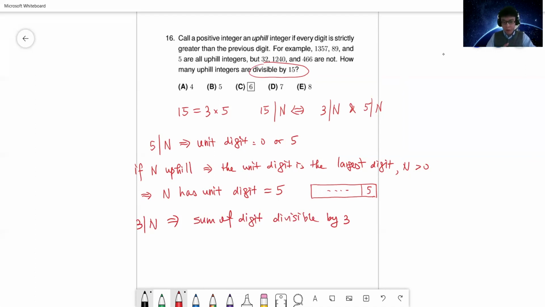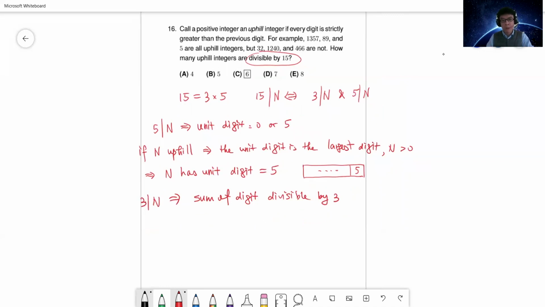And once the numbers are selected, the uphill number is uniquely determined. So we have digits 1, 2, 3, 4 to be selected. 5 has to be selected. We note that 5 has remainder 2 when divided by 3. So we need to find some more digits so the sum is divisible by 3. So except 5, the remaining digits' sum has remainder 1 when divided by 3.